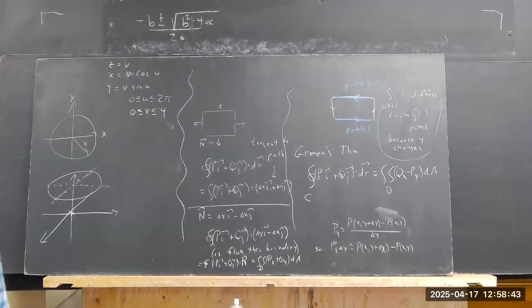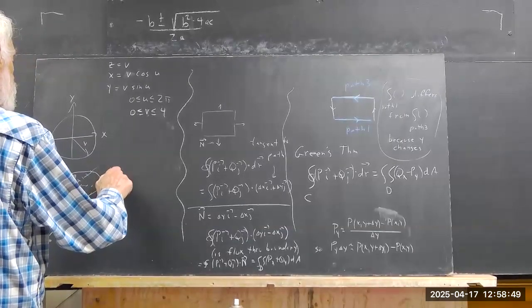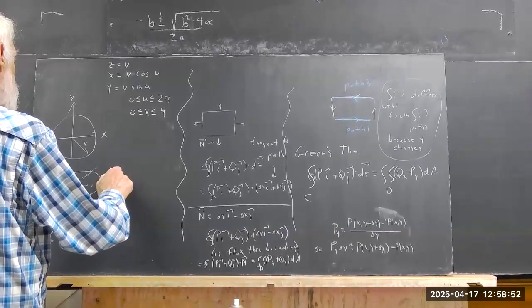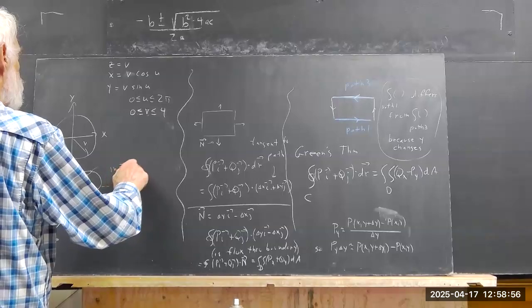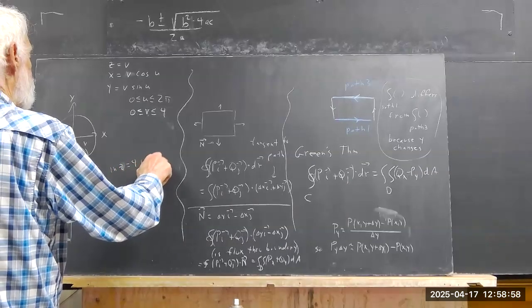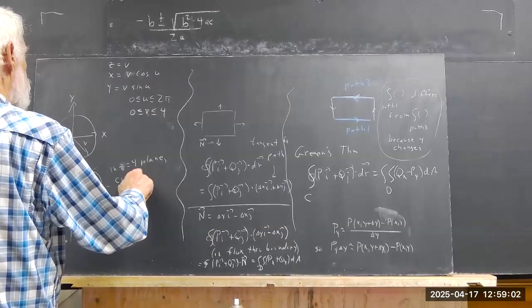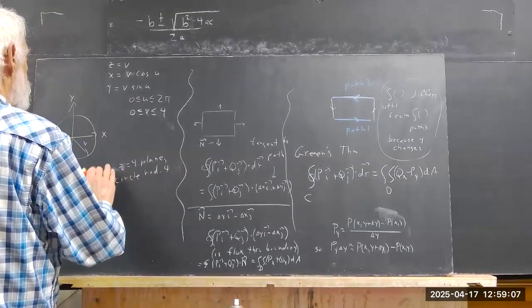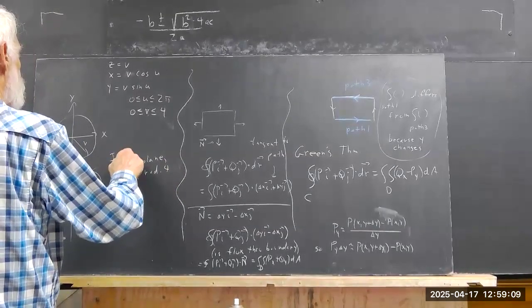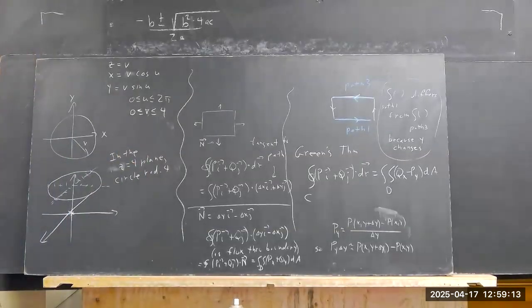It'll look something like this. So in the Z equals 4 plane, we have a circle of radius 4. Makes sense?